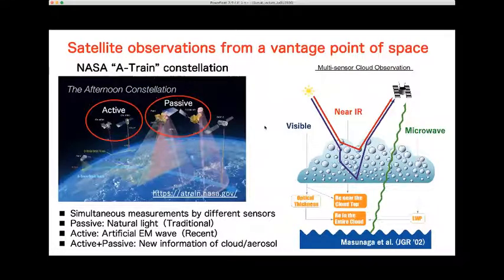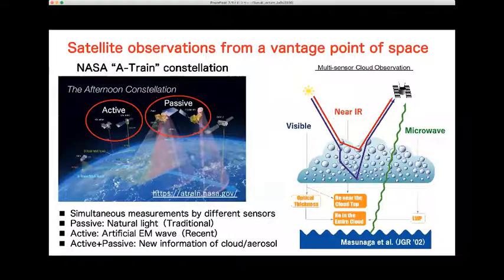The recent remarkable progress is in satellite observations, which now have this kind of train-type measurement, including lots of different satellite platforms and sensors that can look at different aspects of the same target, like the same cloud and precipitation, at the same time, so that the different aspects of the same cloud can be combined to better characterize the whole system of cloud and precipitation.